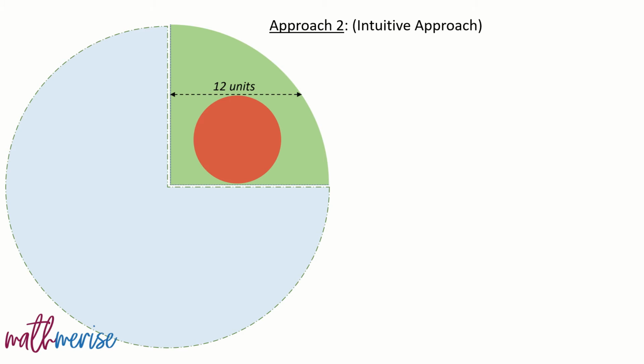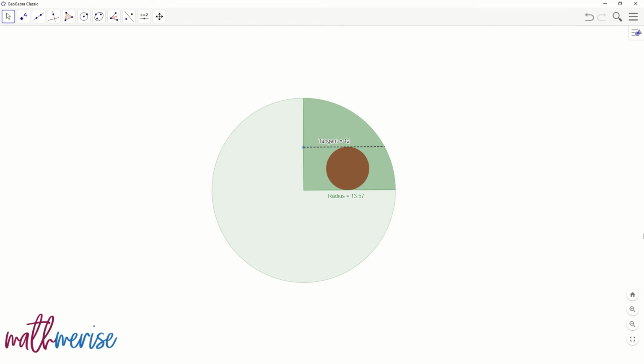First, we will be assuming the remaining area of the larger quarter circle. I have recreated this problem using GeoGebra. GeoGebra is a very good tool to simulate geometry as well as other mathematical operations. In this, we have our quarter circle, a smaller circle, a tangent of 12, and the rest of our quarter circle.